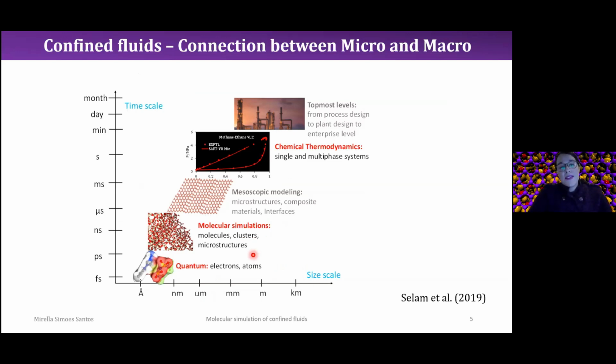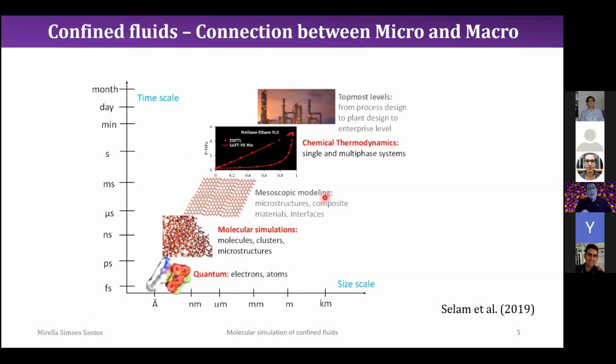This information can then be used for the development of theories and models applied on larger time and size scales, for example chemical thermodynamics theories, as well as models used for process design and plant design on the topmost level.